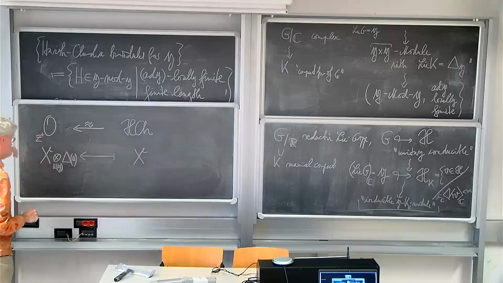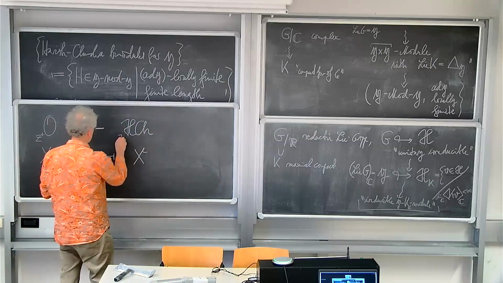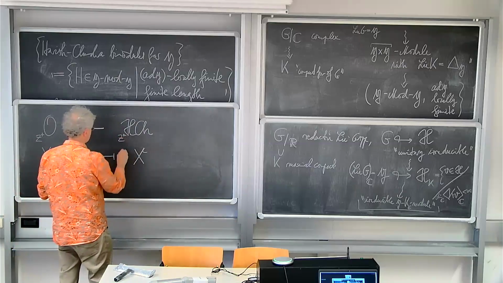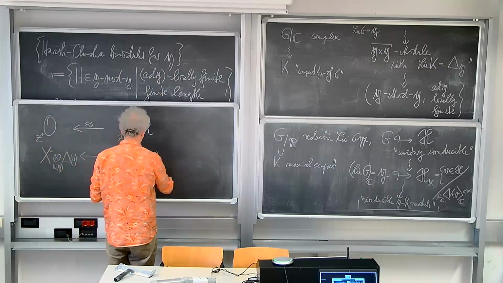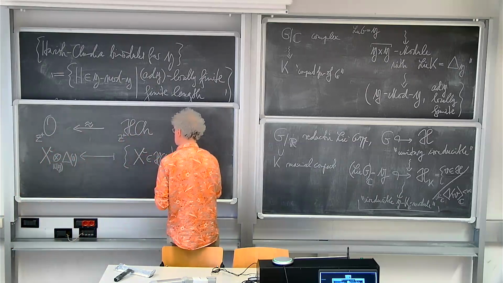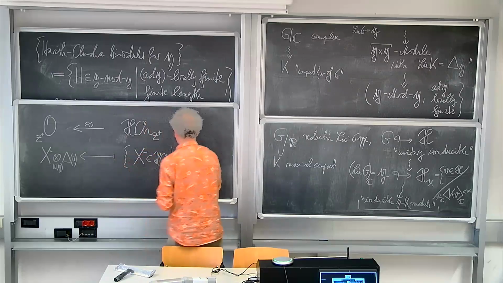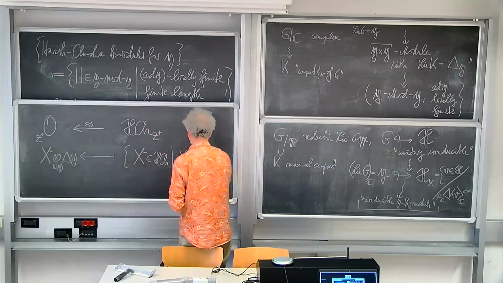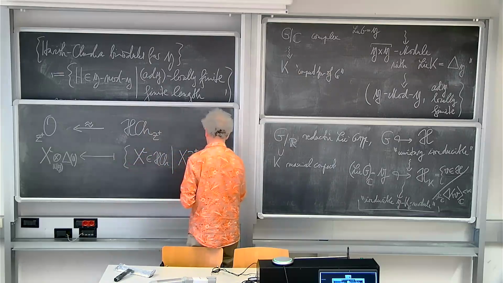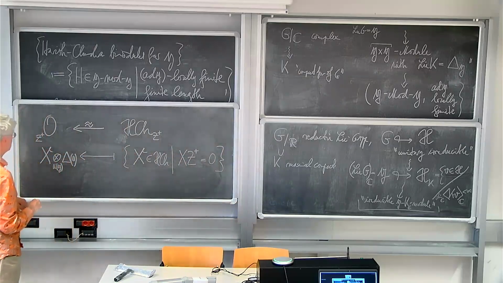And this will be those Harishchandra bimodules plus, so it will be for all Harishchandra bimodules which are killed by the plus from the left.